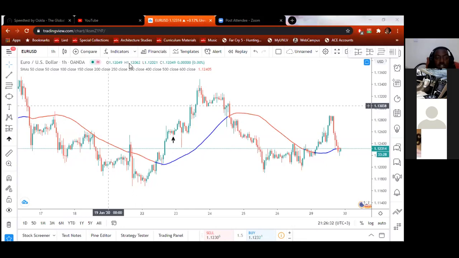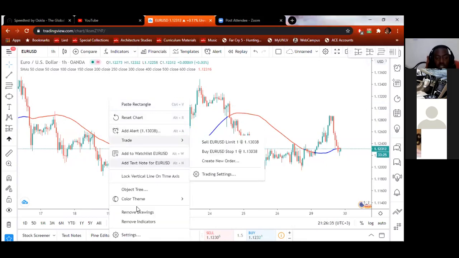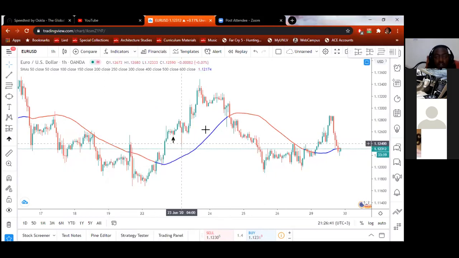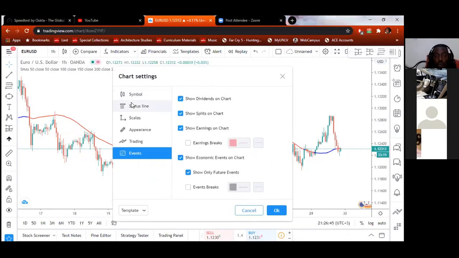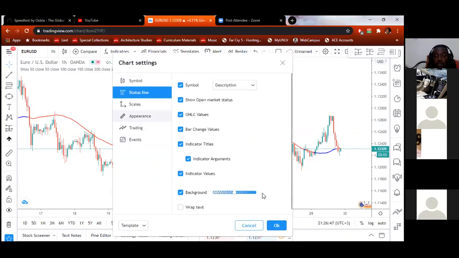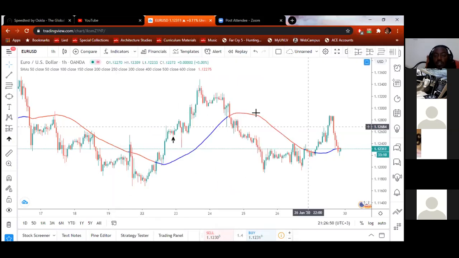For example, when you right click, it brings this up, and you can change the color scheme from light to dark, and you can go to settings and change a whole lot of things. So just go and check all that.